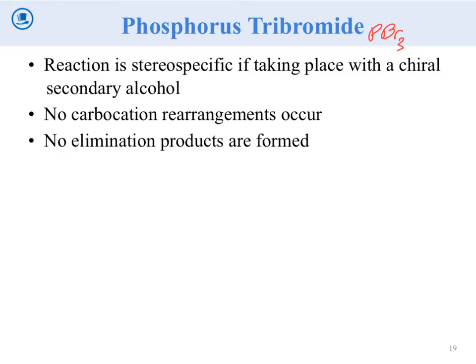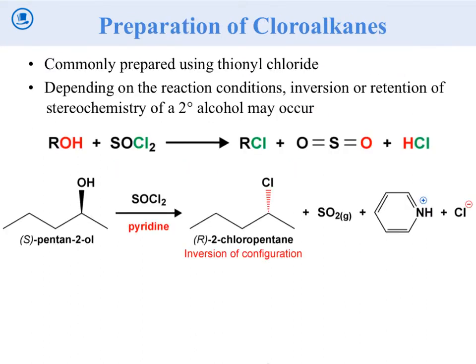So it's only doing substitution. So it only works with primary and secondary alcohols, and it's only doing substitutions. So those are 4 things to think about. You'll do inversion if it's a chiral center. It has to be secondary, though. No carbocations, no eliminations.